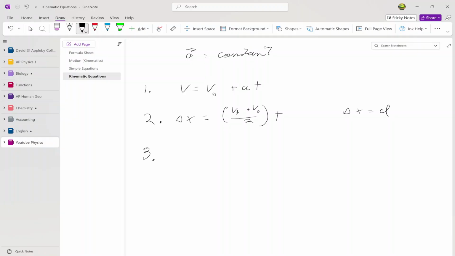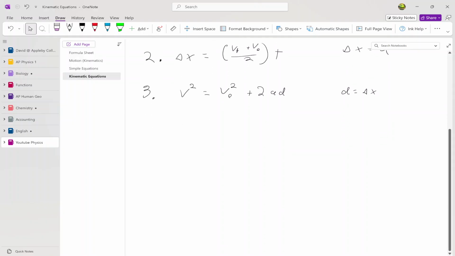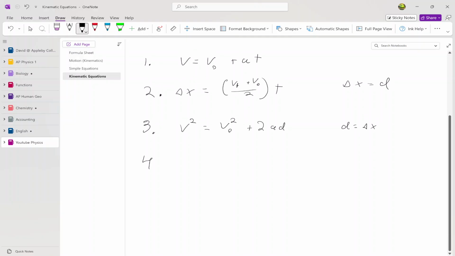Remember, delta x refers to the change of position, which can also be referred to as displacement or distance. This one's my favorite: v squared equals v0 squared plus 2ad, where d equals change of x. And then, oh yeah, there's one more. Actually, there should be five.